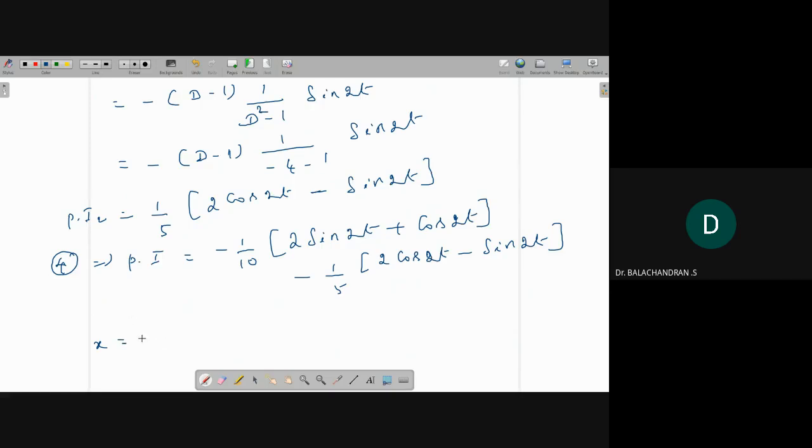Complementary function is e power t into c1 into cos t plus c2 into sin t.